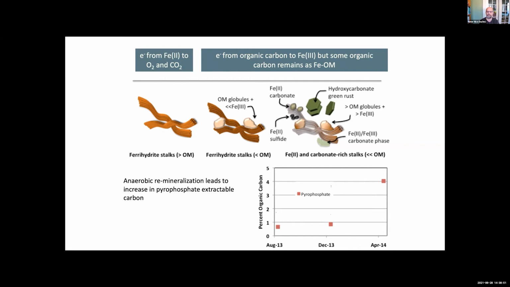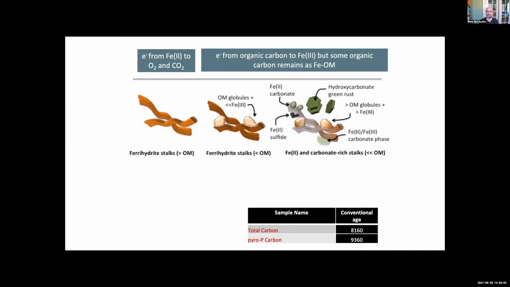And we see that in the same time period as the increase in our iron globules, we're seeing an increase in pyrophosphate extractable carbon from the system. This was our way to try to link what we were doing at the small scale to the large scale, because we know from other use that pyrophosphate extractable carbon, from a C14 aging perspective, tends to be significantly older than the total carbon in the system.